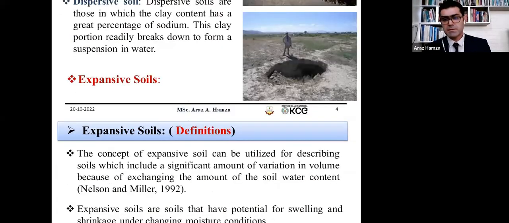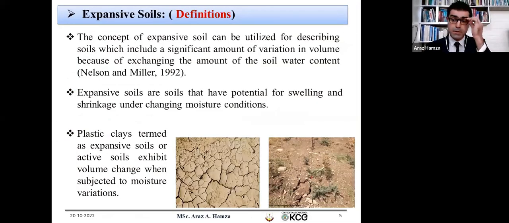What is expansive soil? Now it's time to define this type of soil. According to different research and different experts from soil mechanics, there are different definitions for soil. For example, Nielsen and Miller said the concept of expansive soil can be utilized for describing soils which include a significant amount of variation in volume because of change in the soil water content.